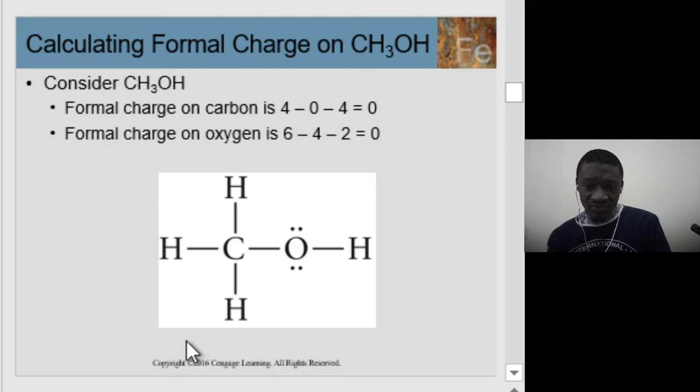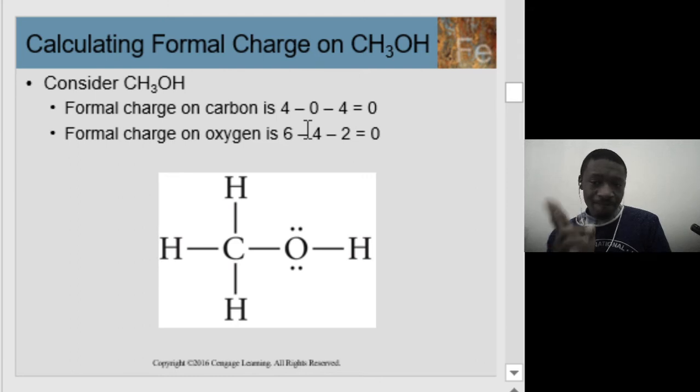The formal charge for carbon: 4 is the valence electrons, minus the unshared electrons, which is 0 because carbon doesn't have any, then minus the bonds, which is 4 because carbon is tetravalent. So 4 minus 4 is 0. Then you do oxygen.